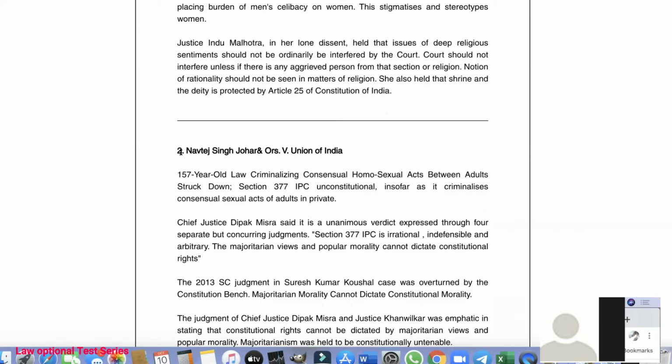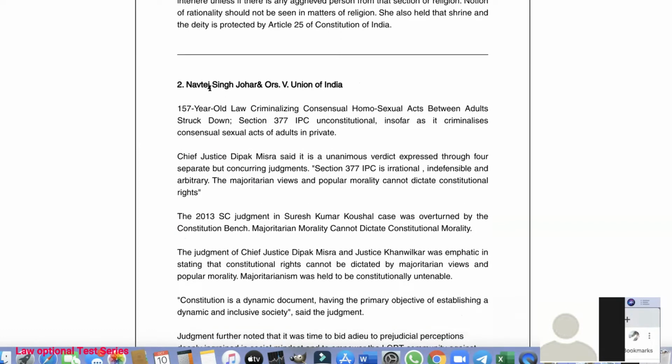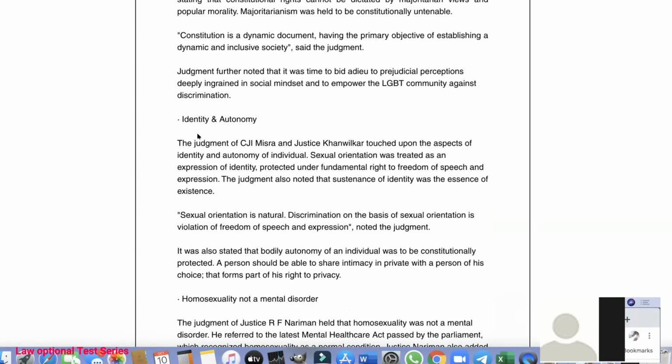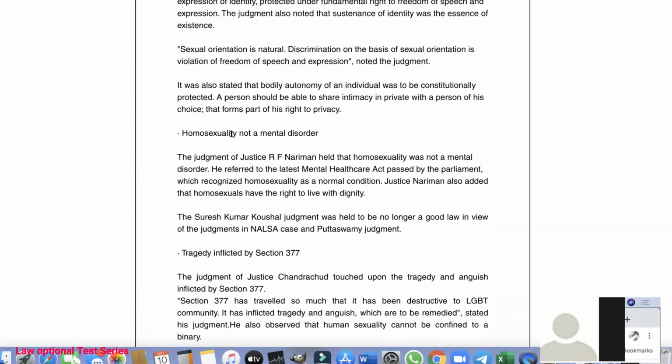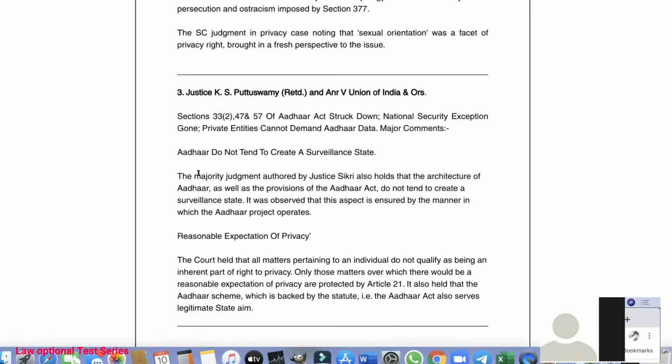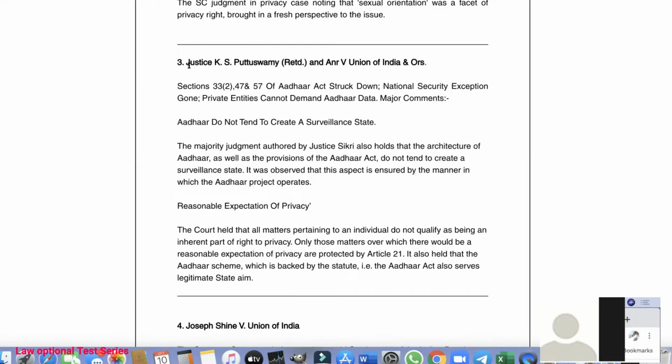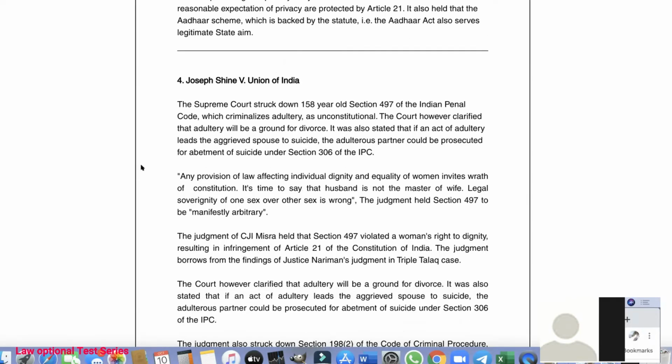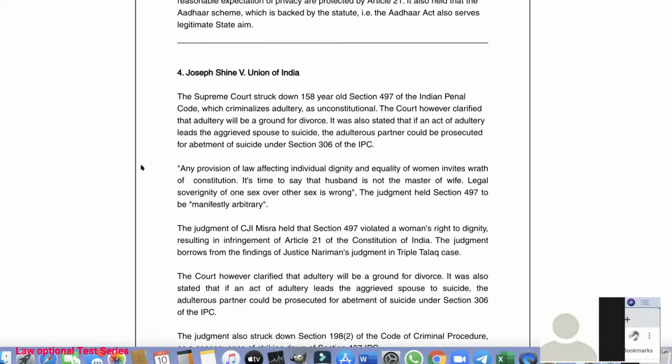Similarly, Navtej Singh Johar came in the exam. Similarly, I have written which justice said this. The purpose is that you should have certain ready-made paragraphs that you can practically quote verbatim in your exam. This will be relevant for this year also. Similarly, the Justice Puttaswamy judgment, Joseph Shine, that also came in the exam.